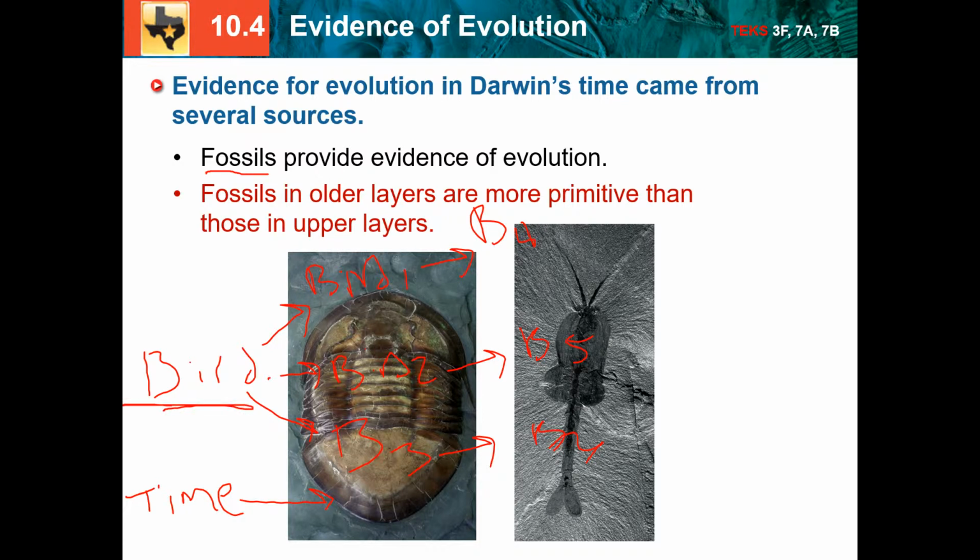So this would be the ancestor right here, the ancestor bird. If this is true, then what you would expect to find, say that this is modern day, where these are your birds that live now, is the fossilized remains of these older birds.